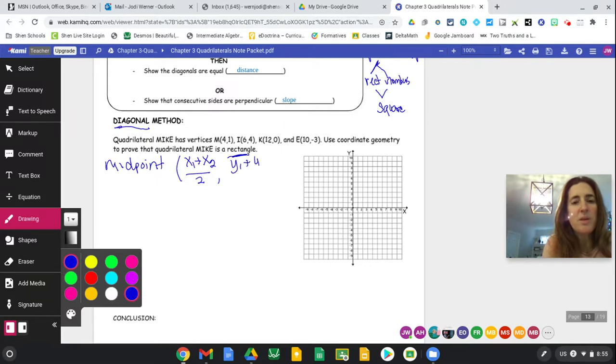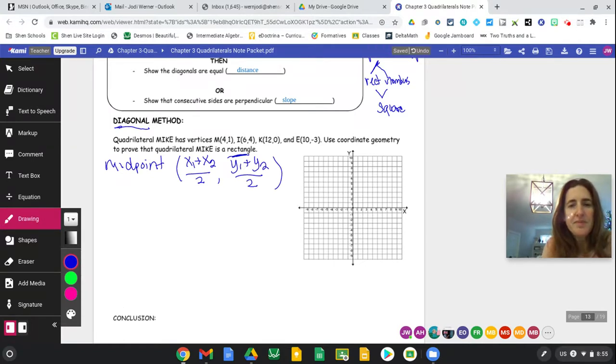I'm going to use my midpoint formula: add them up and divide by 2. I'm going to spare us the agony of plugging the numbers in, and tell you that the midpoint of MK comes out to be 8, 1/2. And the midpoint of IE also comes out to be 8, 1/2.